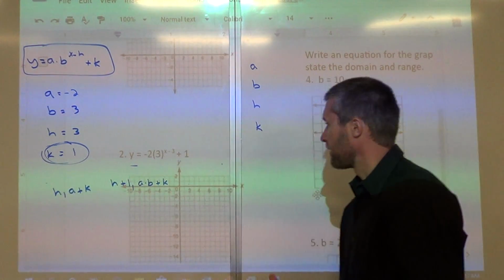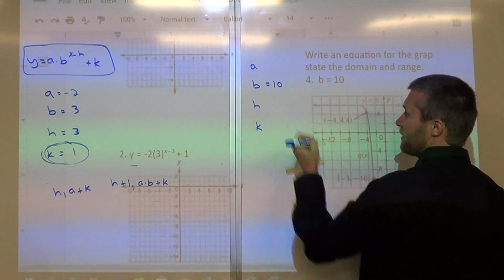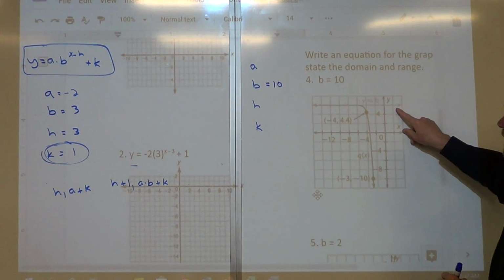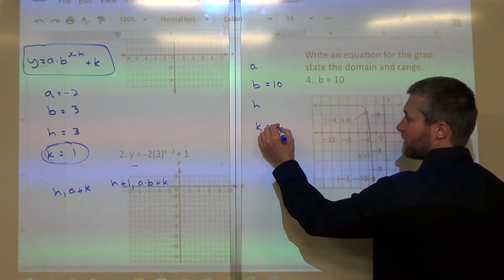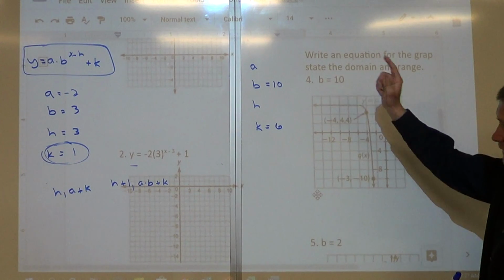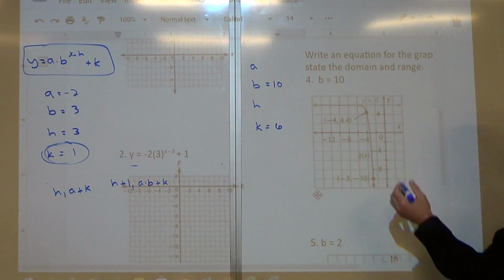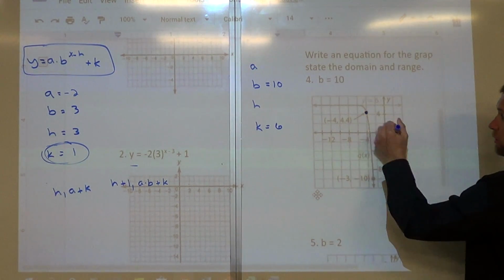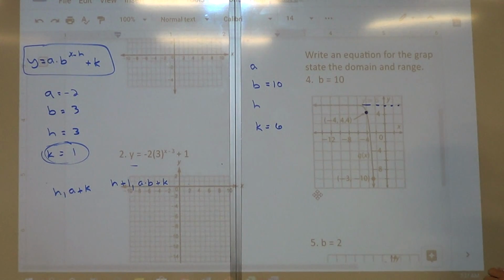First one I can say is B equals 10. They give that to me. Next they say we have this horizontal line at y equals 6, so that's my K value. Then I need to know A and I need to find H. The first point they give me, the point that's closest to the asymptote, is -4 and 4.4.